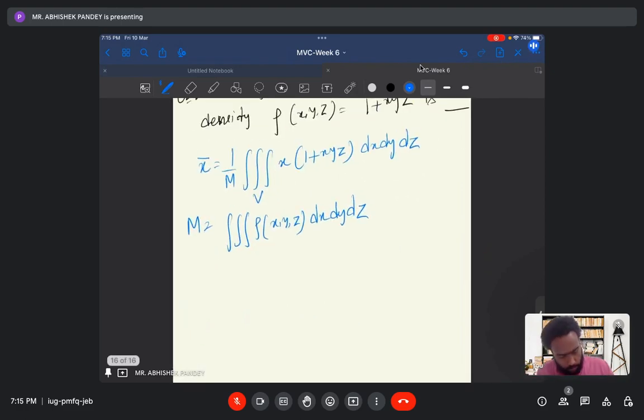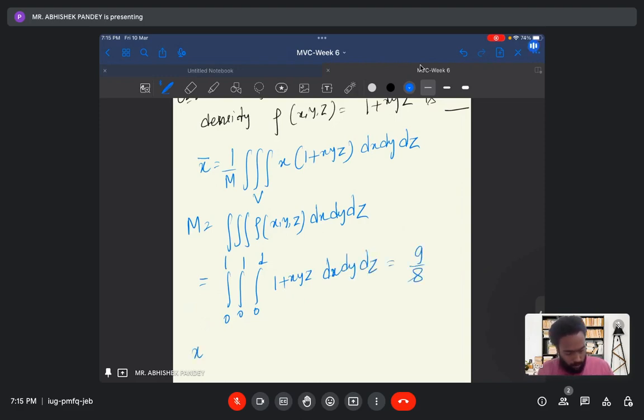So the mass will be, with limits of x, y, z from 0 to 1, the integral of 1 plus xyz dx dy dz, which you will get as 9 by 8.